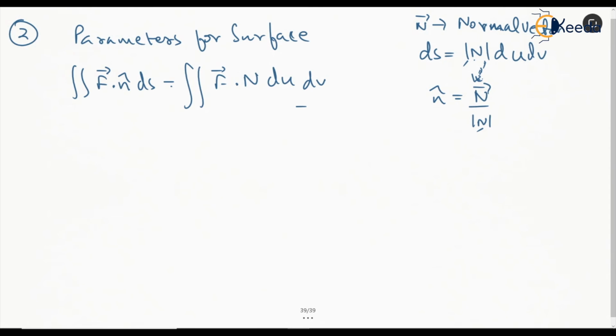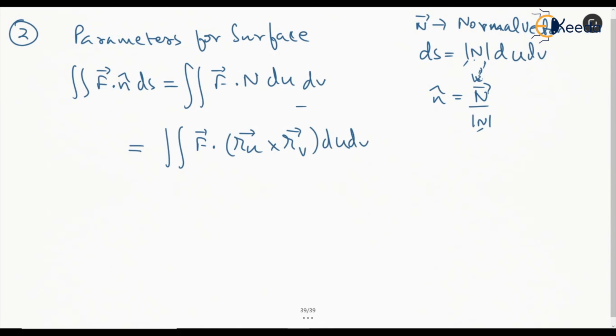Also, this can be further written as F dot r_u cross r_v du dv.